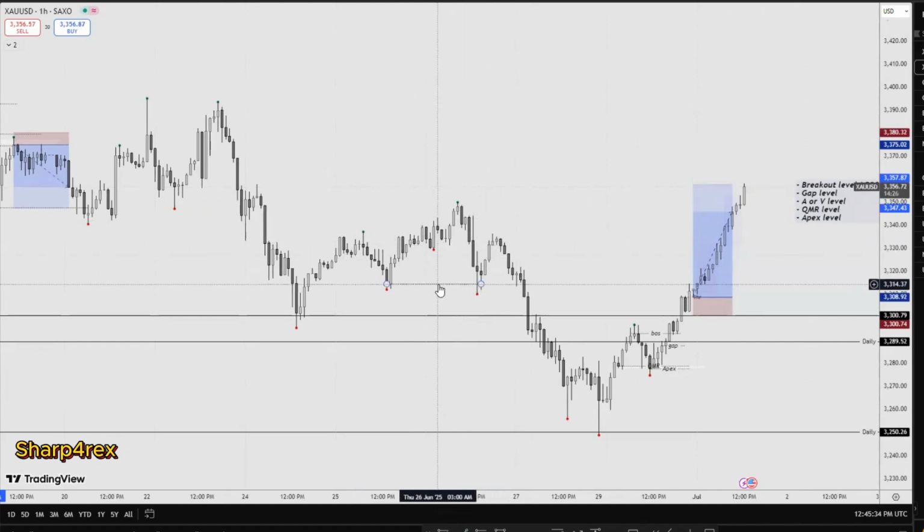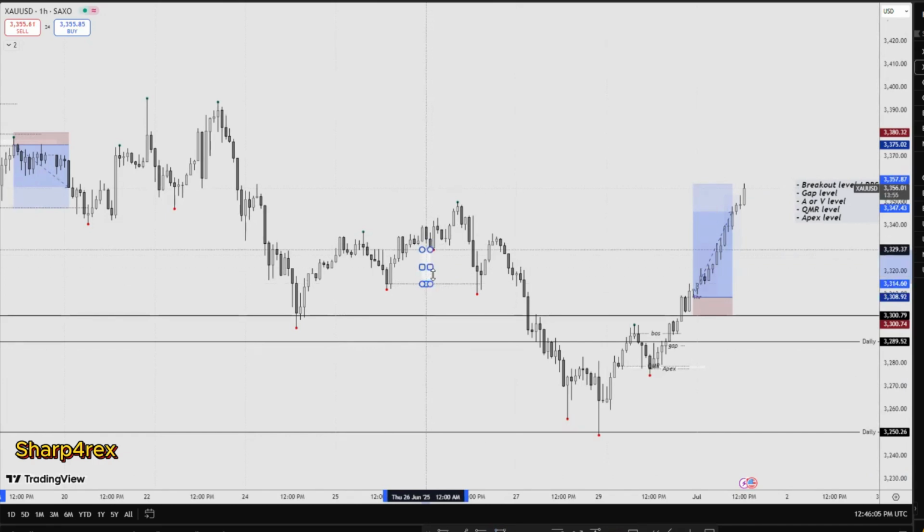And the condition for the CC is that if you have a level and price is coming to the level, it has to reject the level, but then still close in the direction of its coming. So let's assume this is a buy, a V. Price is selling down. So the CC candle must also come down and close as a sell candle.